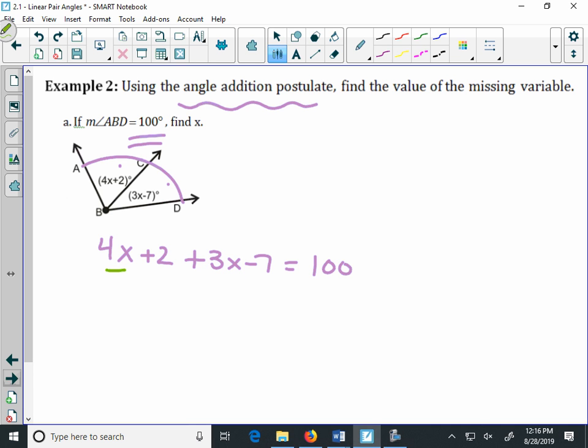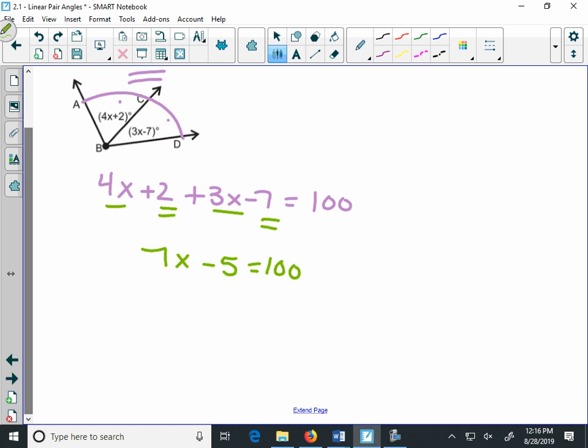Combine them. So we combine our like terms. 4x plus 3x is what? 7x. 2 minus 7 is negative 5. After you combine your like terms, it's just this two-step equation.